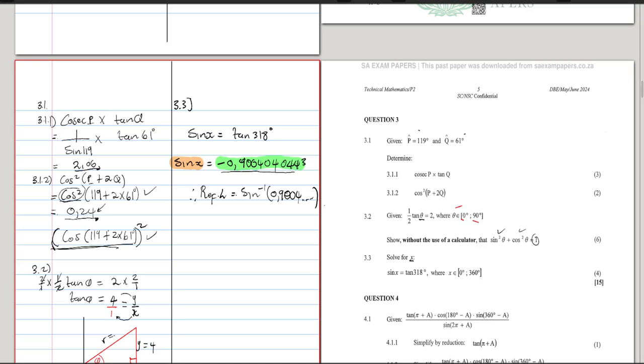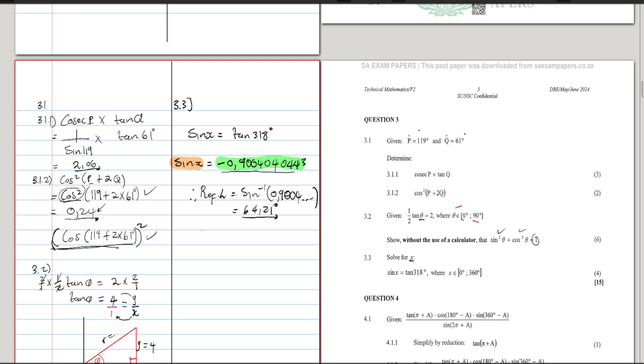You just take the whole thing, shift sine of 0.9004443, close bracket, then you end up with 64.21 degrees in 2 decimal places. That's your reference angle.